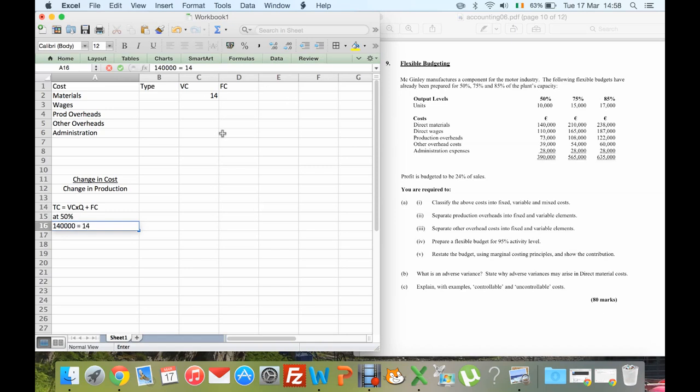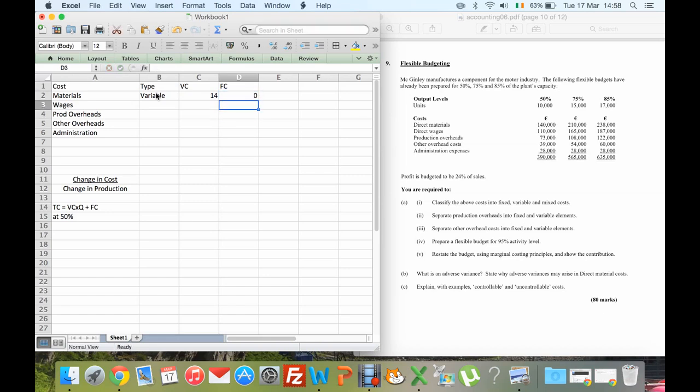So 14 times the quantity, which is 10,000, and then plus the fixed costs. So 14 by that is 140,000. That equals that, which means fixed cost must be 0. So that means it is a fully variable cost. Okay, so this is variable. And that means there's 0 fixed costs.